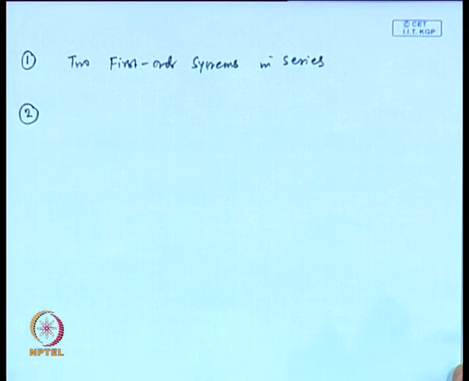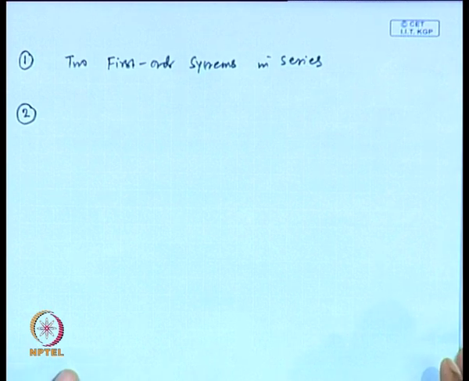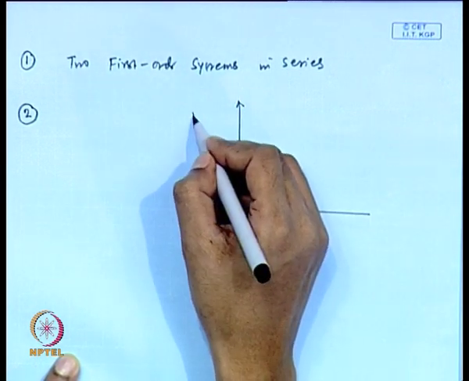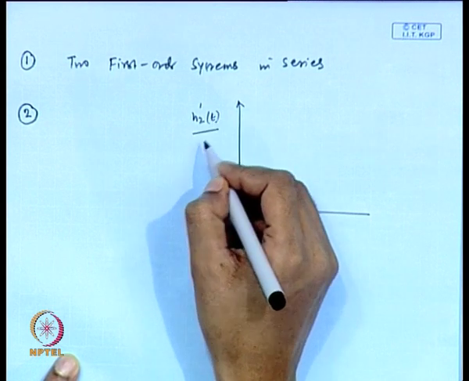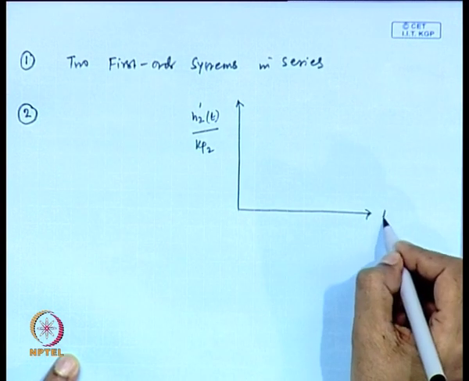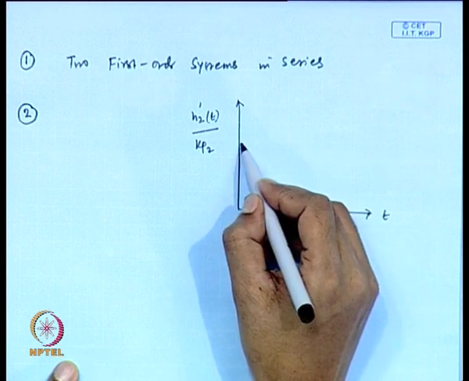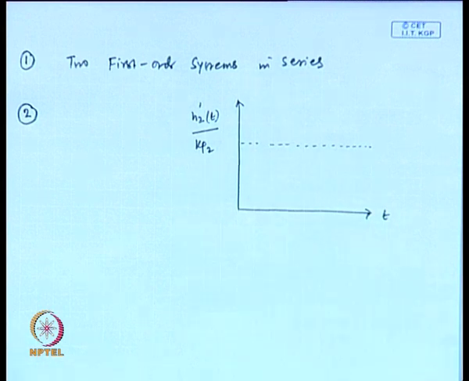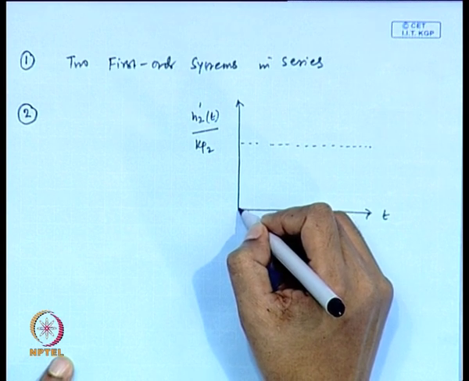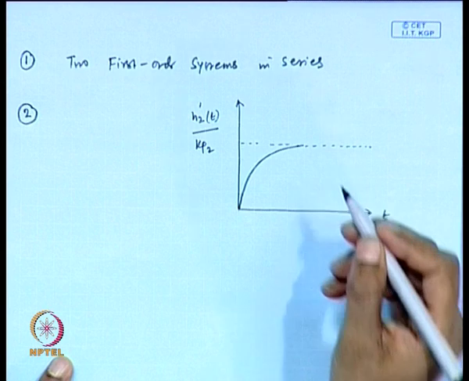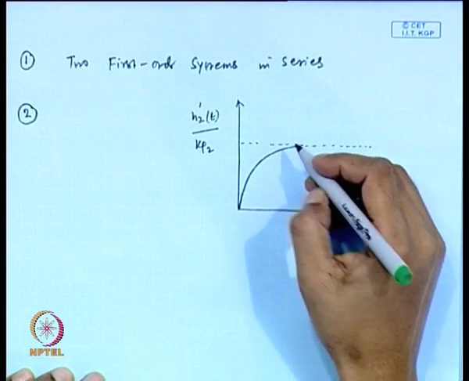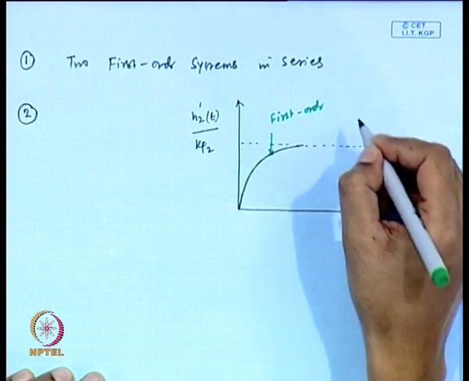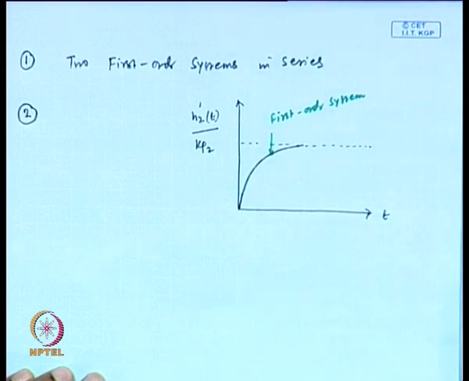we wish to observe the behavior making a plot. So, this is H2 prime(t) divided by Kp2 versus time. The steady state is represented by the dotted line, and the dynamics is like this. This is the dynamics of first order system.